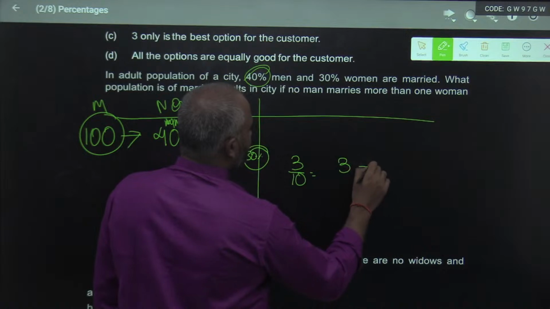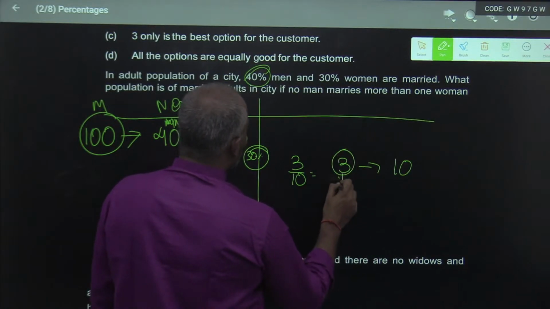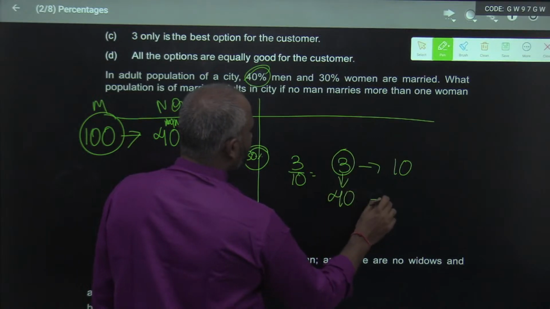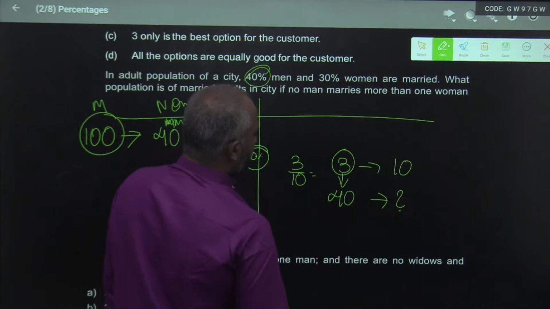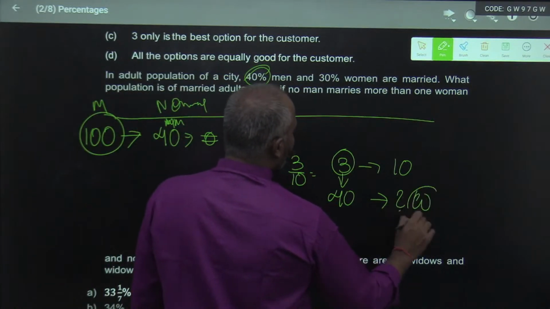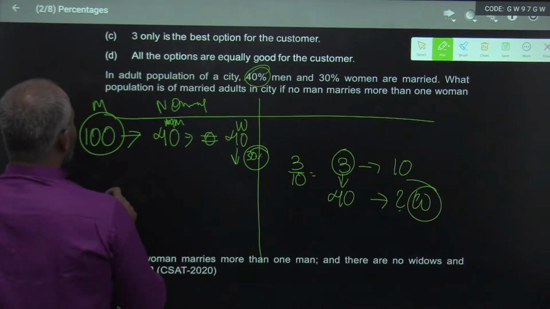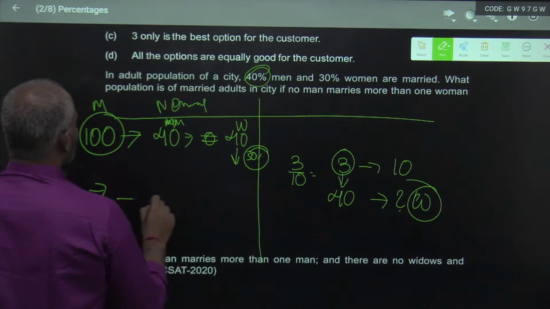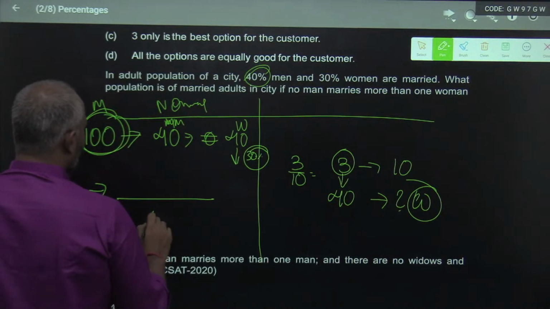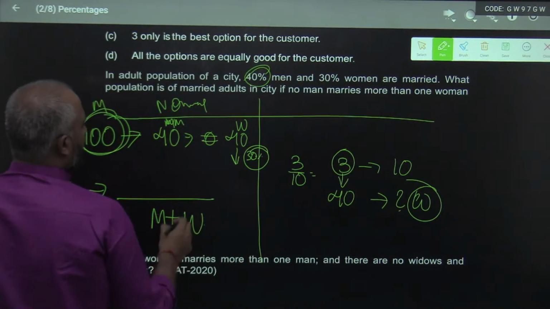If there are 10 people, 30% is 3 people. If 3 people are 40, what is 10? So you will find the number of women. So you have men total, and from this you will get women total.